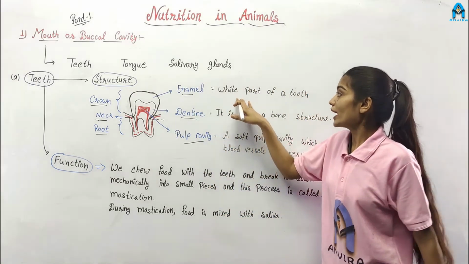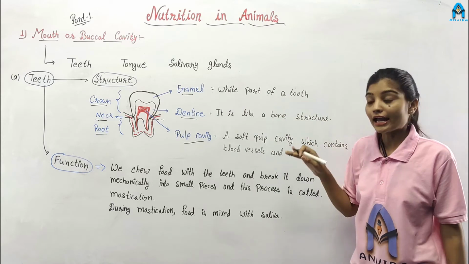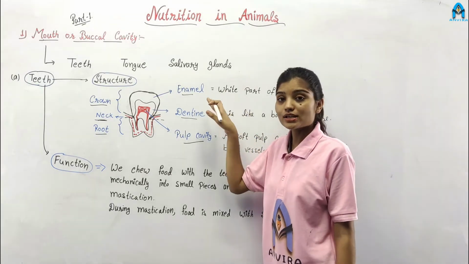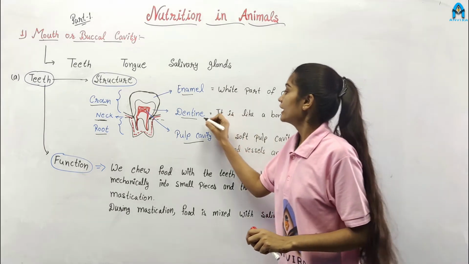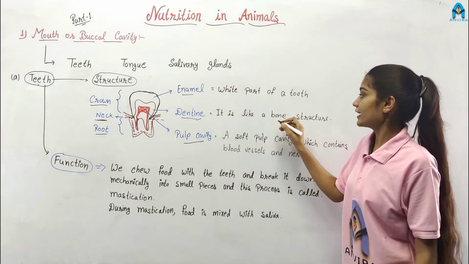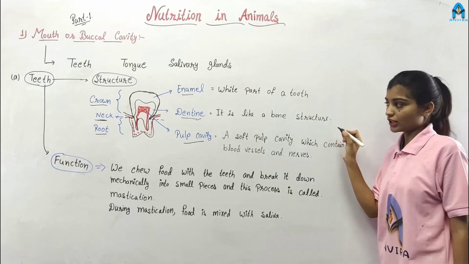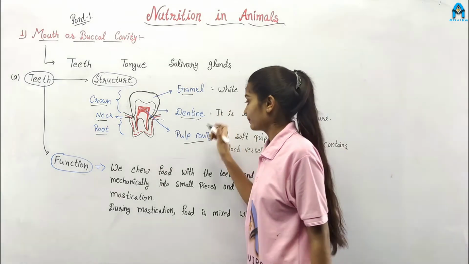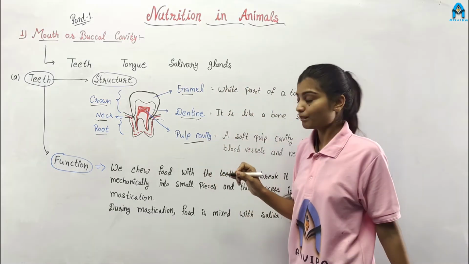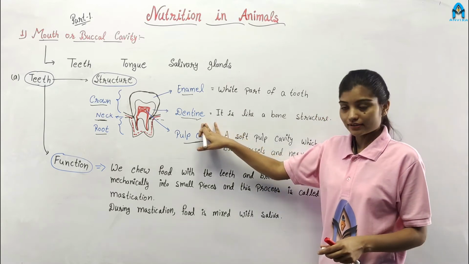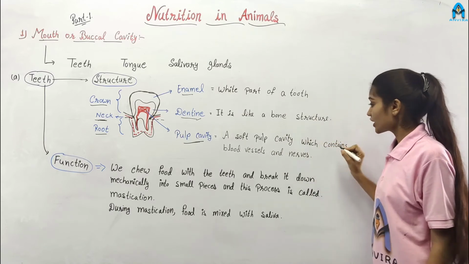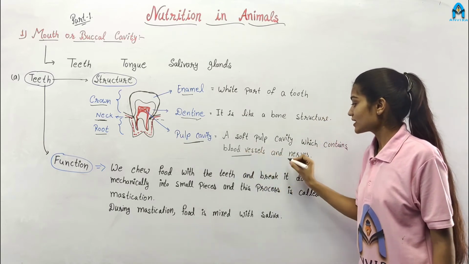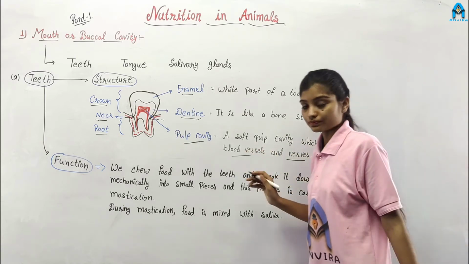Enamel is the white part of a tooth, and enamel is the hardest substance of our body. Dentine is like a bone structure and it is very hard. And pulp cavity: inside the dentine, a soft pulp cavity is present which contains blood vessels and nerves.